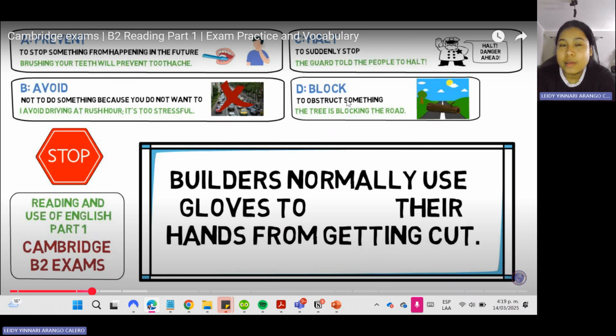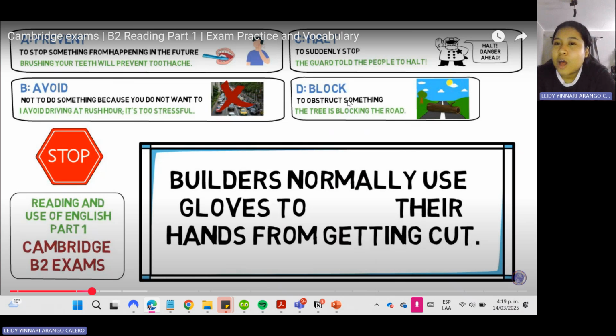Brushing your teeth will prevent toothache. So it is preventing something. Avoid is not to do something because you don't want to. You don't want to get your hands cut, so you'll avoid using gloves. No, it does not make sense, right?